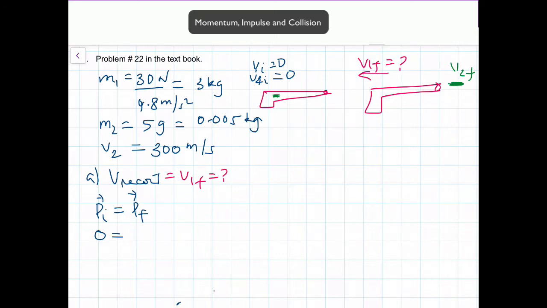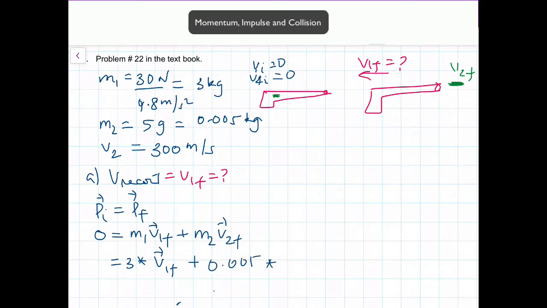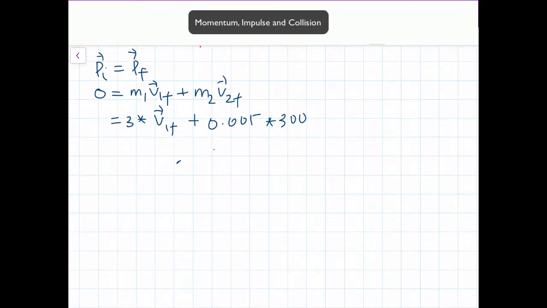Then on the final side, what you have is M1 V1 final plus M2 V2 final. Mass 1, which is the rifle, is approximately 3 kilograms, and V1 final is unknown, plus mass 2, which is 0.005, multiplied by 300. Everything is in SI units as we said. This equals 0.